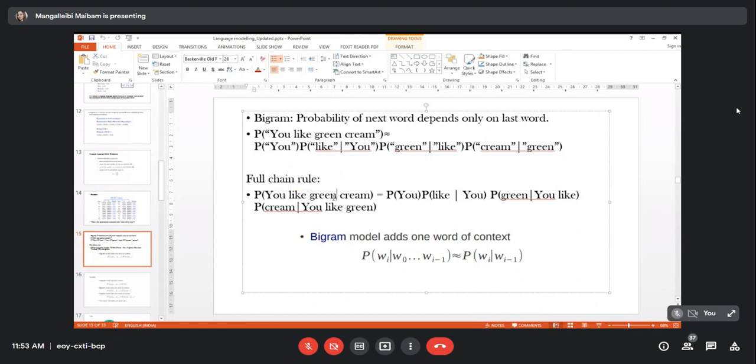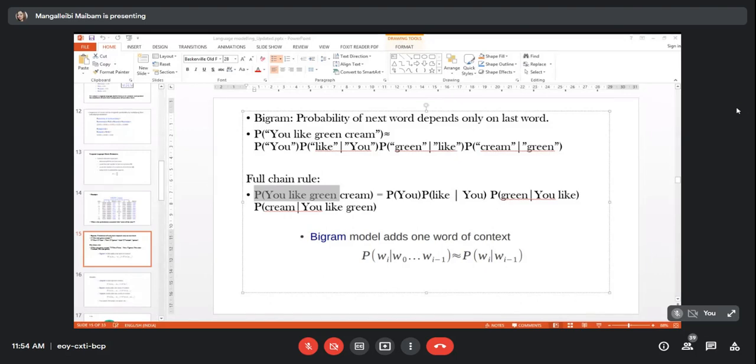Now, when I find green, I need the condition on you like. For bigram, it should be green conditioned on like, but for the full chain, it must be a continuous one. So it should be connected. So the probability of green conditioned on you like, the probability of cream conditioned on you like green, like this.